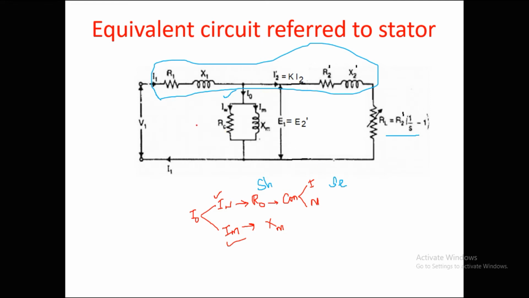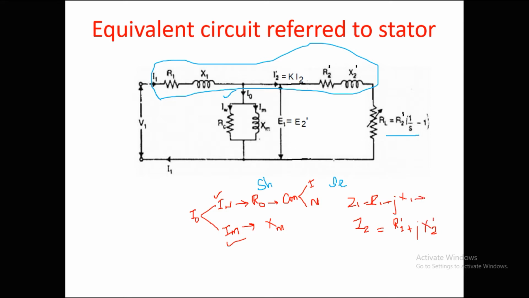While coming to the series branch elements, here we have the stator impedance, that is R1 plus jX1, that is stator resistance and reactance, and the rotor impedance, that is R2 dash plus jX2 dash.